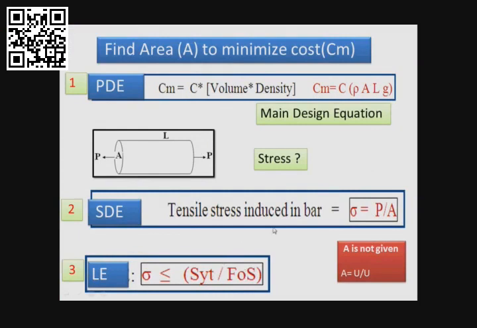Now we need to substitute these subsidiary design equations and limiting equations in the primary design equation.